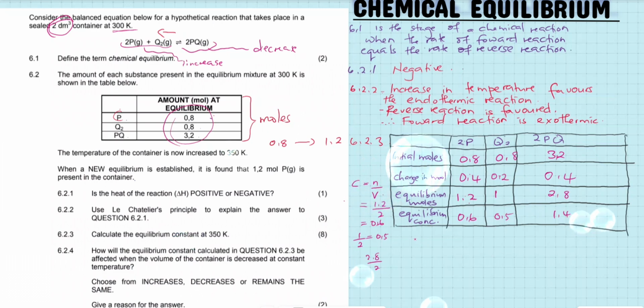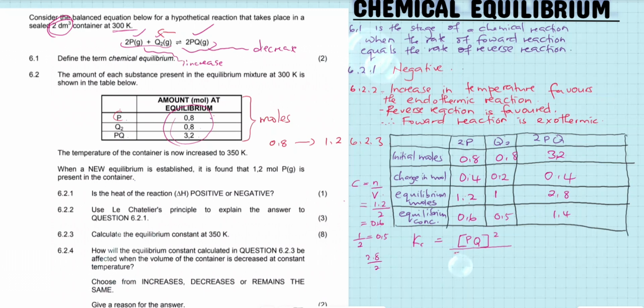Now I want to calculate our Kc, which is the equilibrium constant. We said it is the ratio of products and reactants. In this case, our product is PQ and our reactants are P and Q2. So this is the concentration of PQ on top. Then we take the mole ratio, which is a 2, and it becomes an exponent.